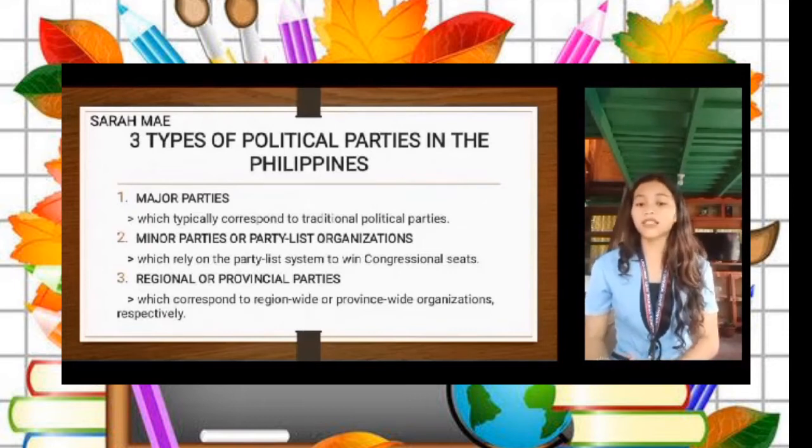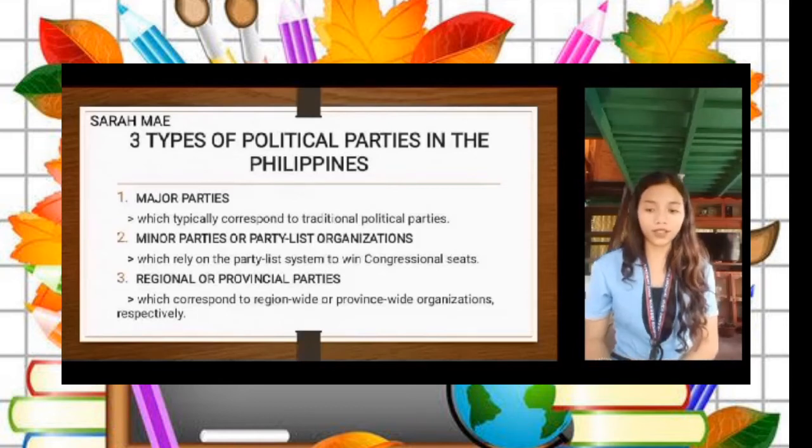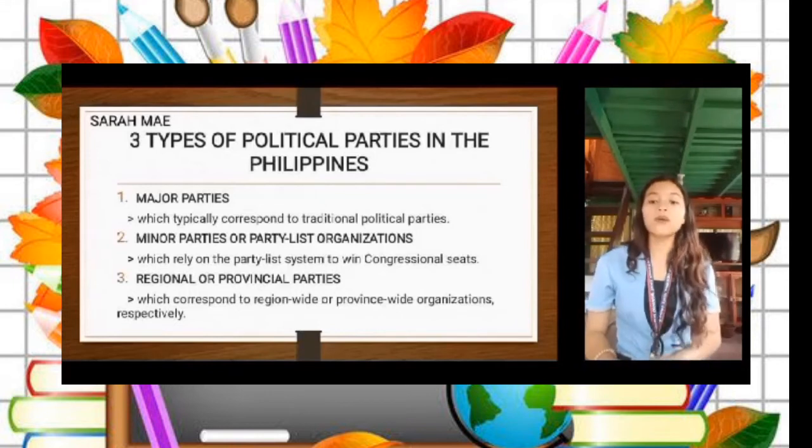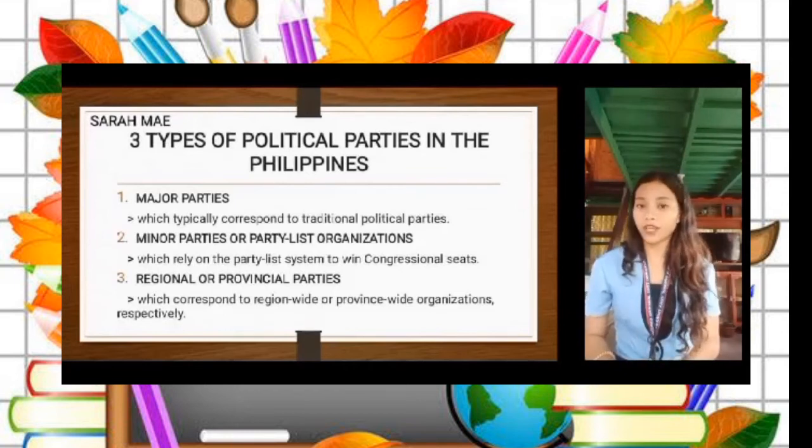The second is the minor parties or the party-list organizations, which are parties that rely on the party-list system to win congressional seats. And third is the regional and provincial parties, which correspond to region-wide or province-wide organizations respectively.